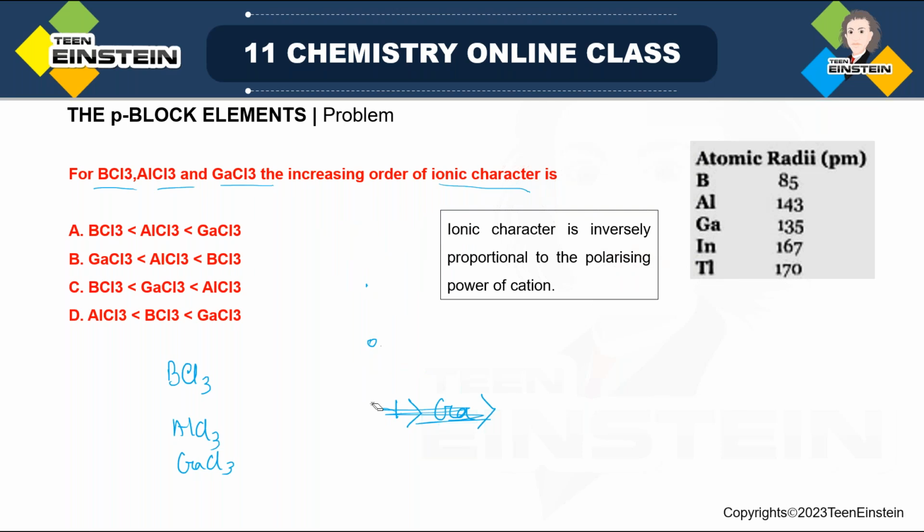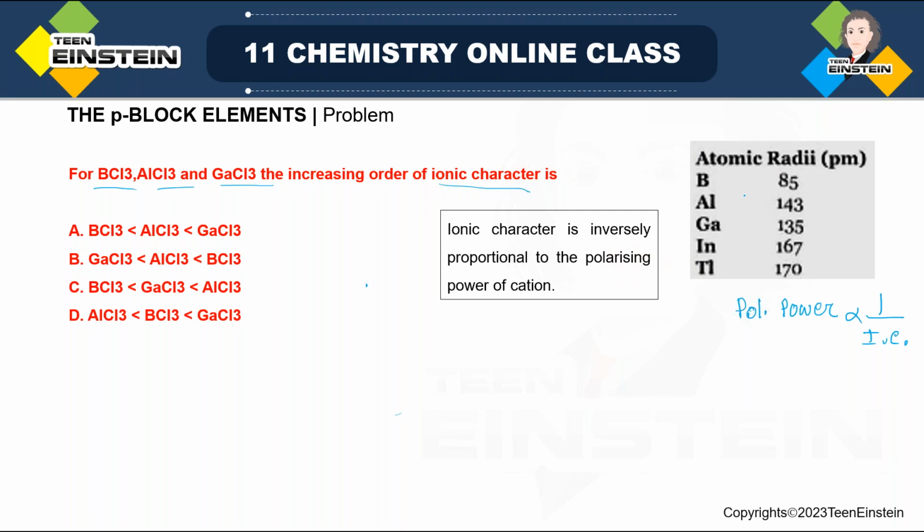Ionic character is inversely proportional to the polarization power of the cation. So polarization power is inversely related to ionic character, right? Now here, for polarization power, we will consider the atomic radii.